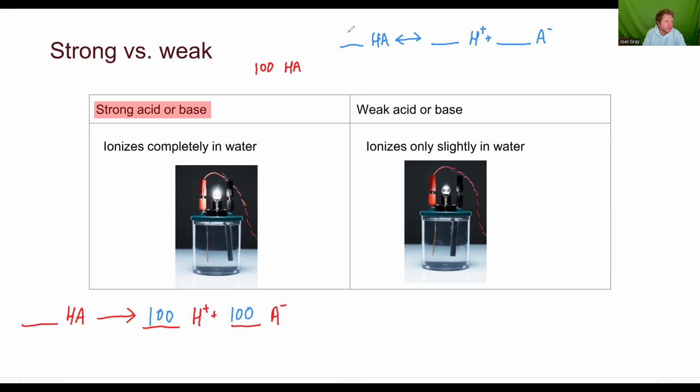This is a bit of a jump, but you shrink yourself down to the atomic level and you're floating around and you count up and you see 75 HAs. How many H pluses will you see and how many A minuses will you see? 25. Perfect. That is absolutely perfect.